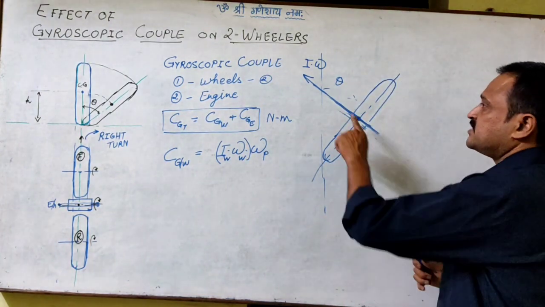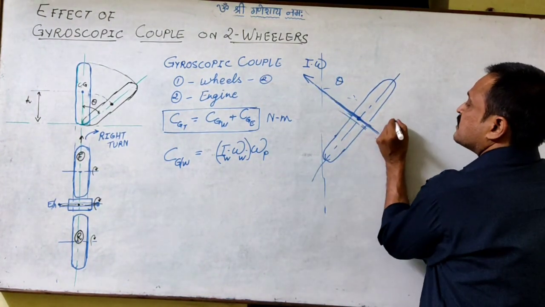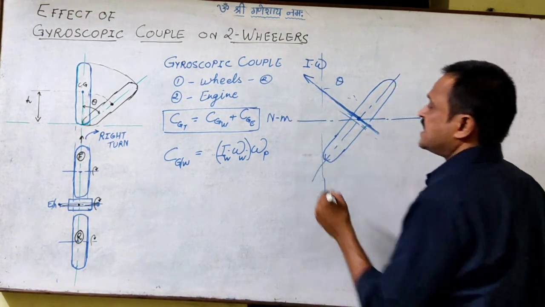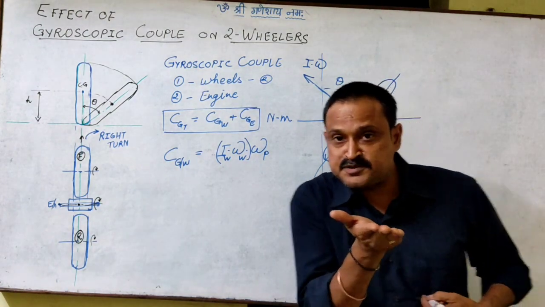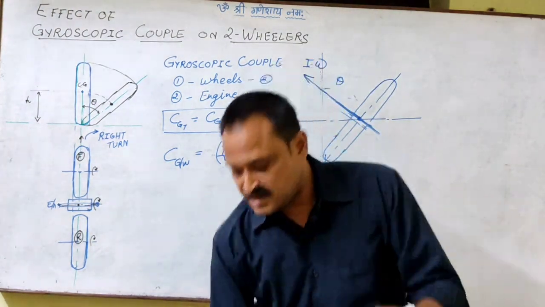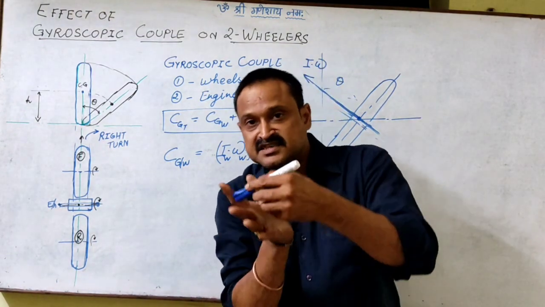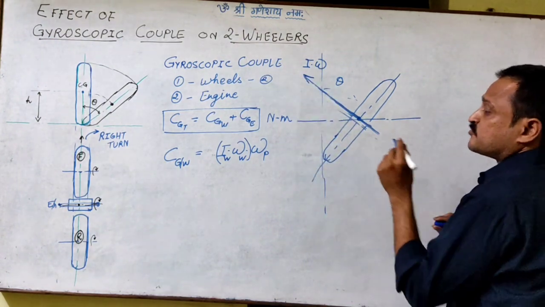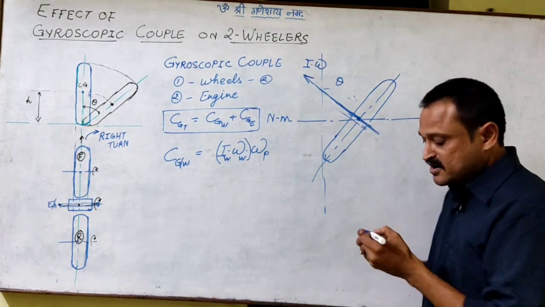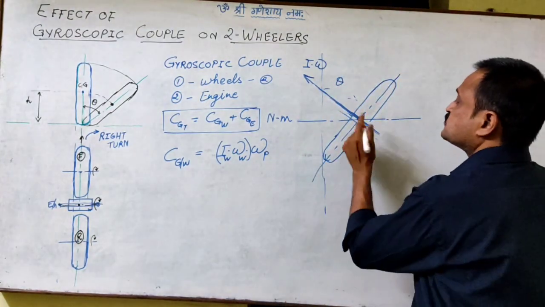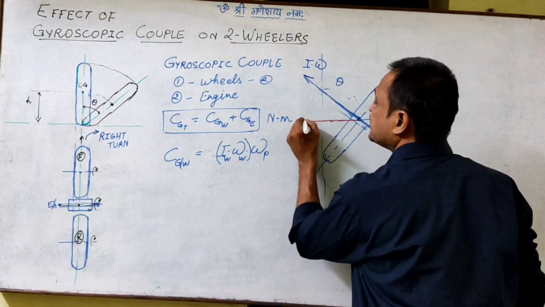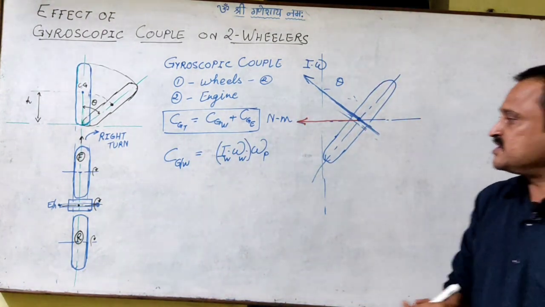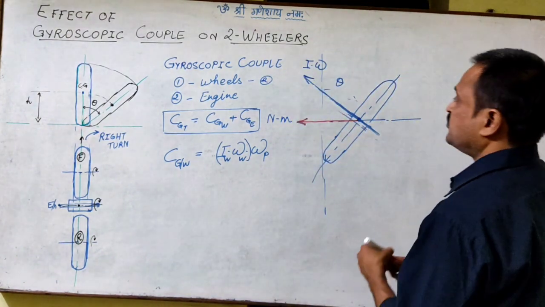But here, the rotation of the spin axis is taking place in an absolute horizontal plane, but the axis is tilted, right? So this vector is I omega, and the horizontal component of this vector will actually be constituting the magnitude of gyroscopic couple.